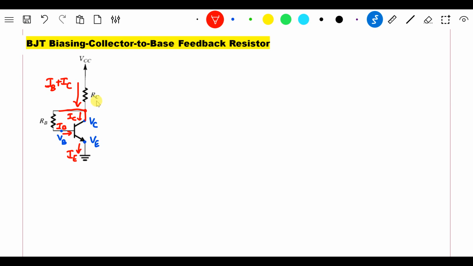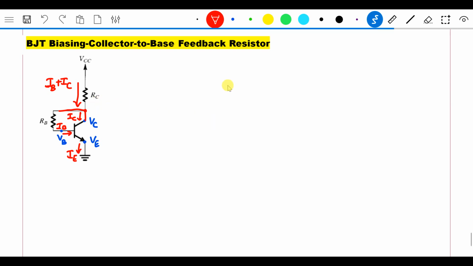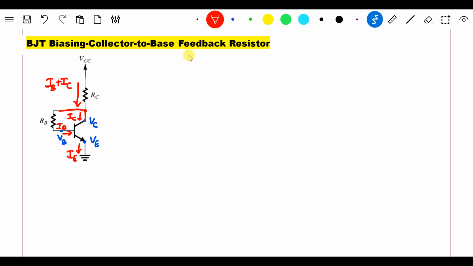Now coming to the equations that we write. As we all know, for the DC load line, to locate the Q point, we need to know the equation for the collector current IC and the equation for the collector emitter voltage VCE.